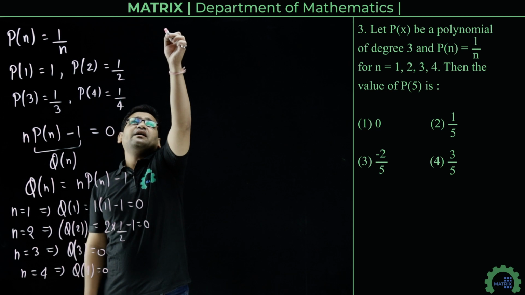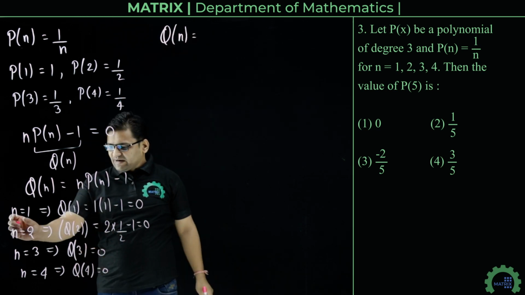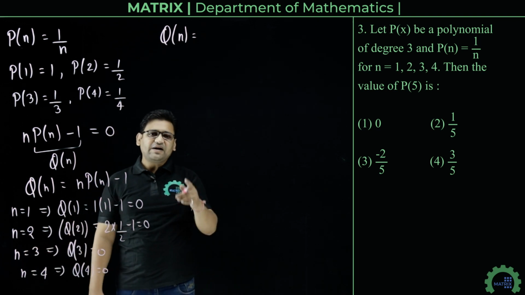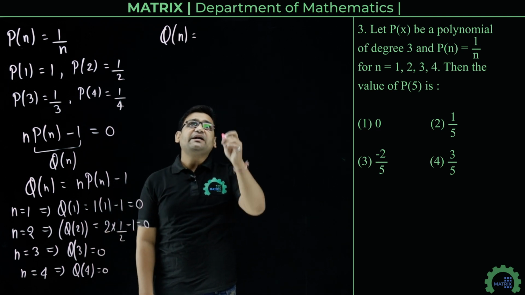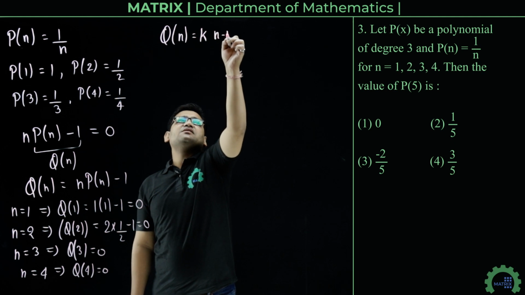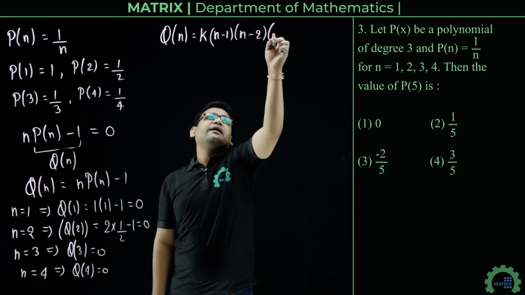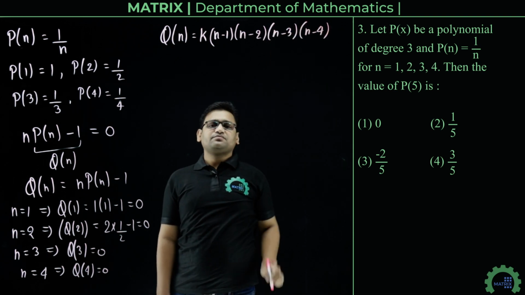So we can say that n minus 1, n minus 2, n minus 3 and n minus 4 are the factors of this polynomial Q of n. So we can write this polynomial Q of n as k into n minus 1 into n minus 2 into n minus 3 into n minus 4.